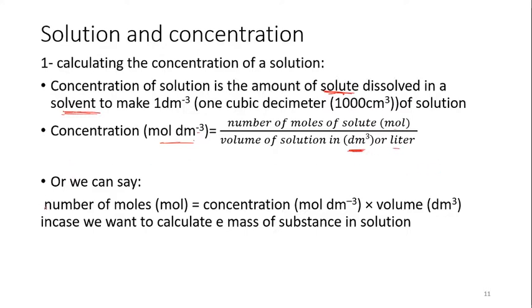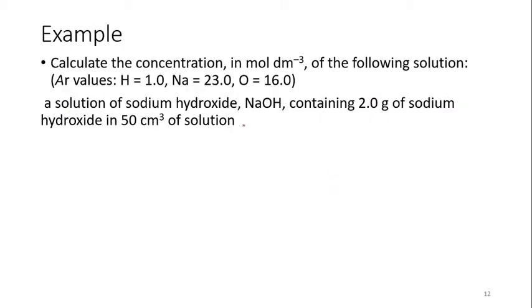So if I wanted the number of moles, I can multiply the concentration by the volume of the solution. That is in case I know the mass, I can even further convert the mass into moles, and from moles I can calculate the concentration. Let's take an example.